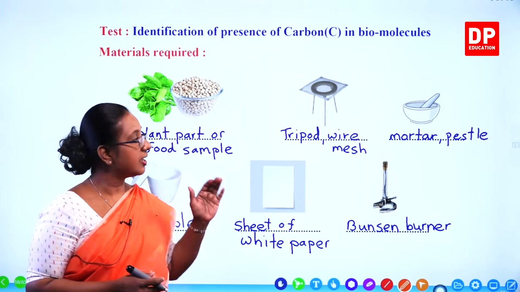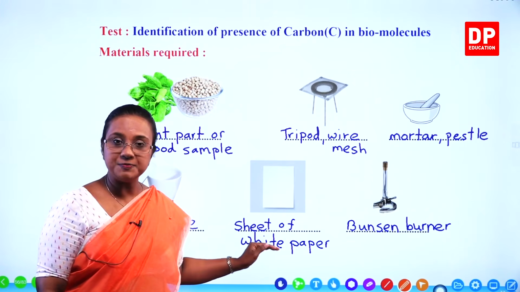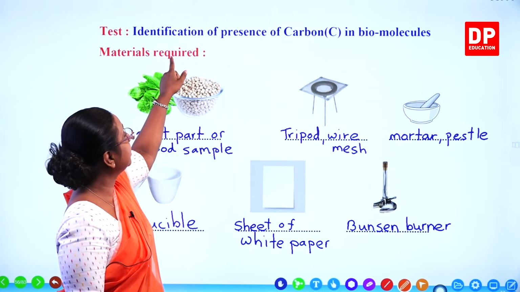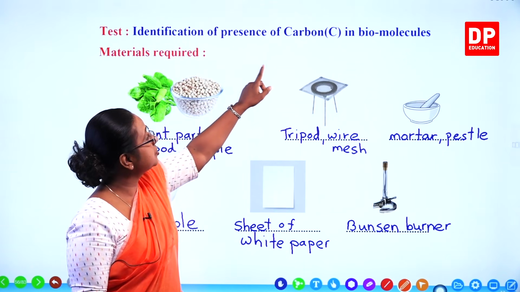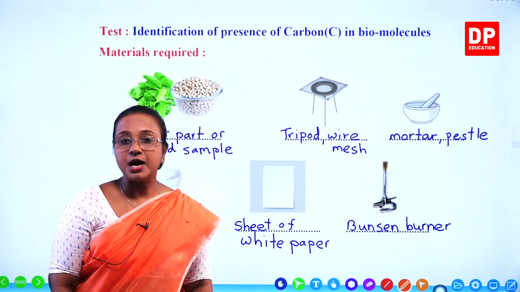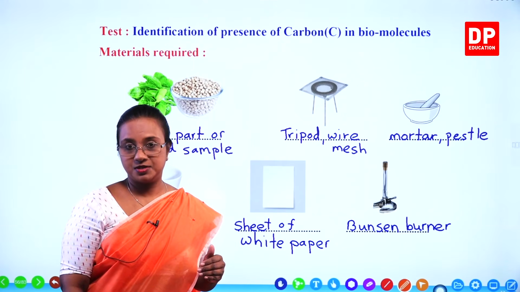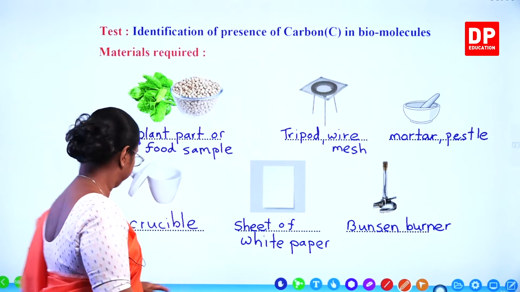So students, I hope you understood the steps related to the activity to test the identification of presence of carbon in biomolecules. I will again summarize the steps to you under procedure, the method. So what do we have to do first?